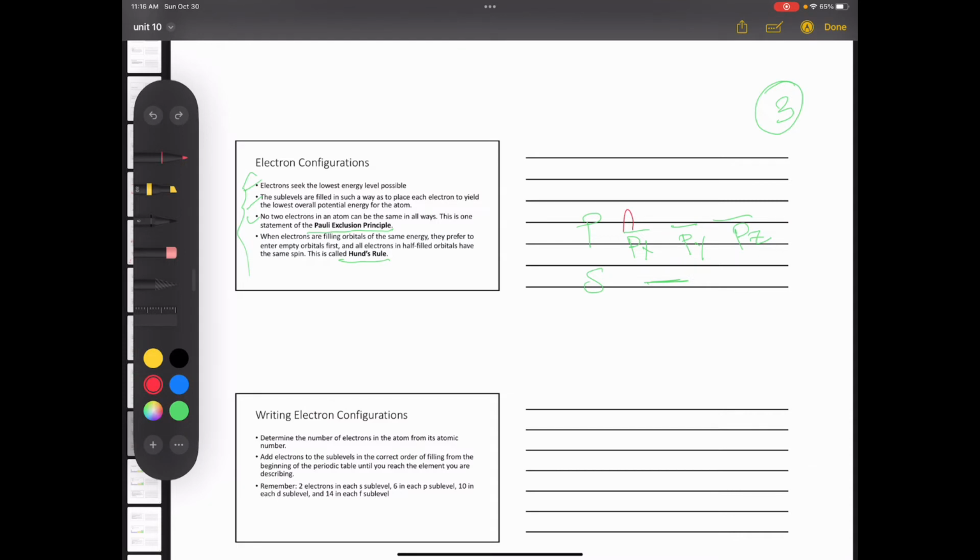If there is room for these electrons to be alone, sitting in every one of those orbitals, spinning in the same direction, that would be the ideal scenario. So the three electrons would like to be independent, sitting in their own orbital. So they would go like this. Electrons will go as a single electron sitting in every one of those orbitals, pointing in the same direction, pointing upward.